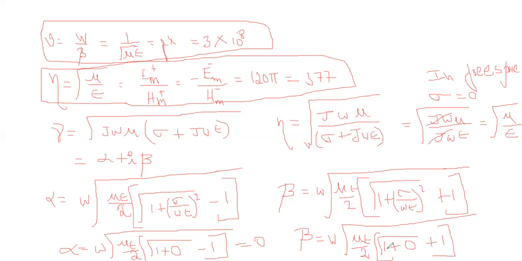The square root of 1 is 1, plus 1 is 2, and the 2 gets cancelled. Then finally we get omega under root of mu epsilon.